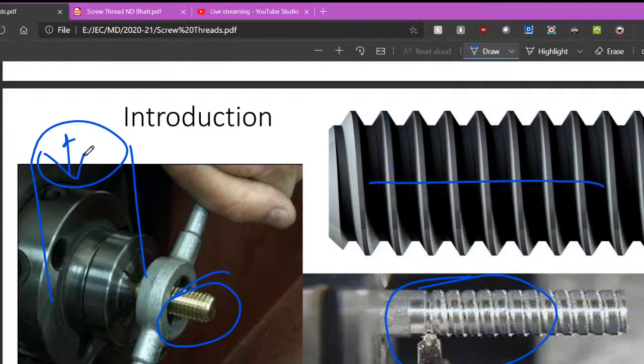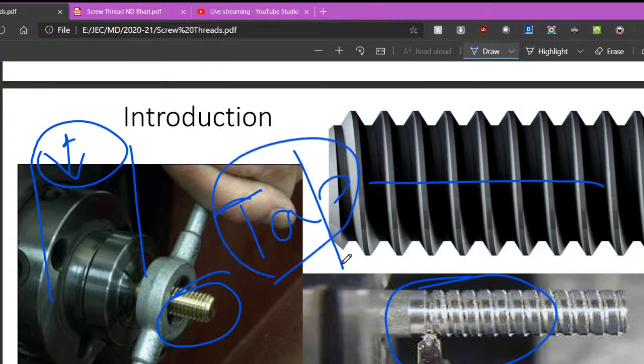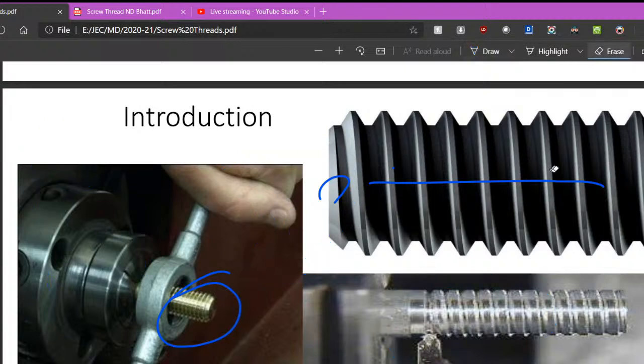For that you need another tool called a tap, which is used for cutting internal thread. I hope I have made this clear.